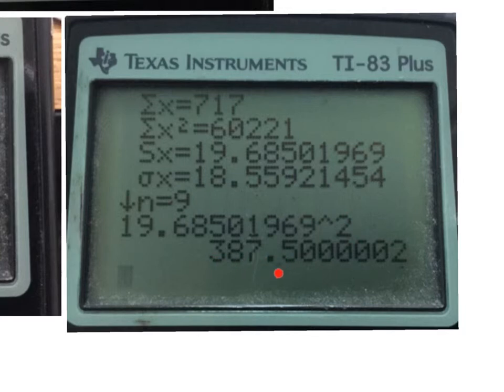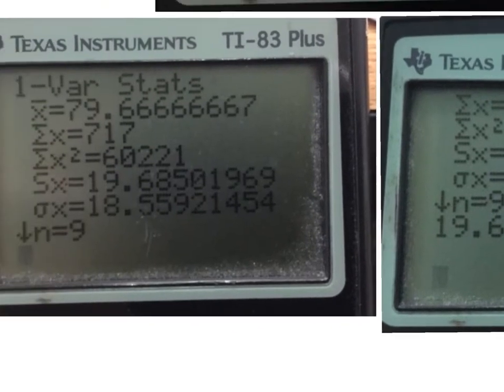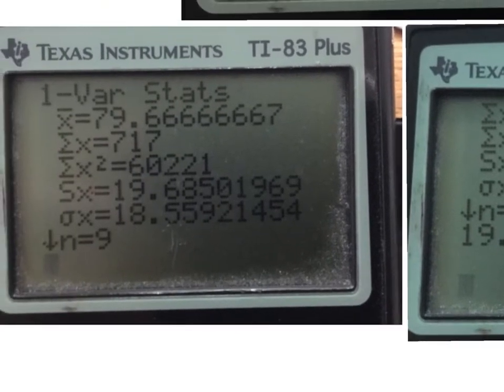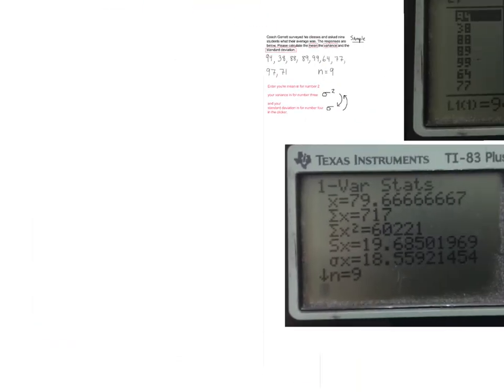Whether you put 387.5 or 387.50, it's going to give you the credit, okay? And then, so number 3 was 387.5. And then number 4, where it asked for the standard deviation, you should have just put 19.7, because this 8 makes this 6 into a what? 7. Got it? So let's go back and let's mark our answers.